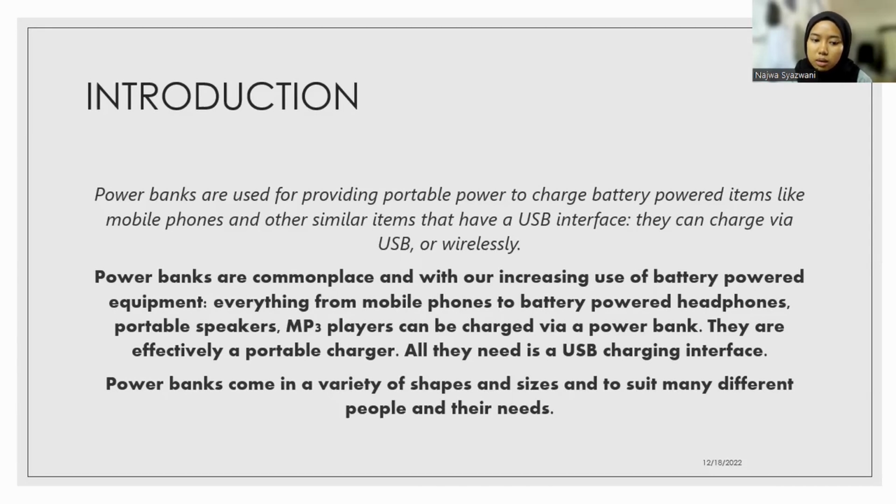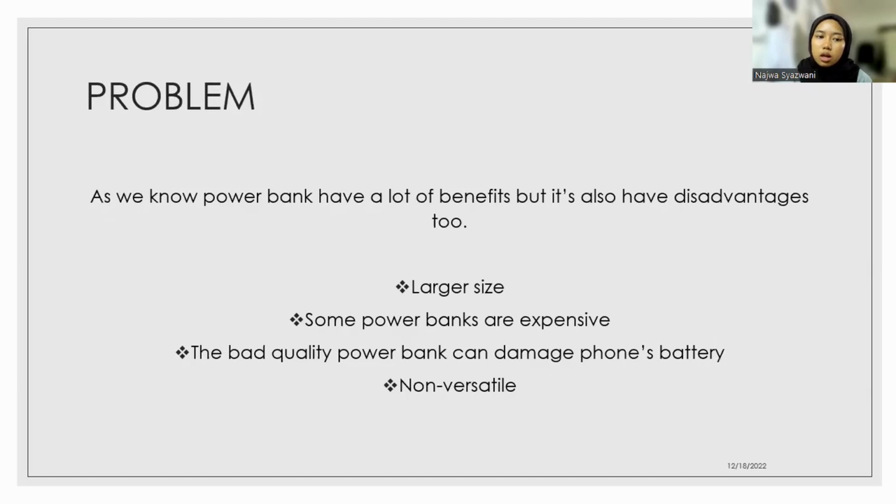Power banks come in a variety of shapes and sizes to suit many different people and their needs. As we know, power banks have a lot of benefits, but they also have disadvantages. They can be large and heavy to carry. Some power banks are too expensive for students to afford.